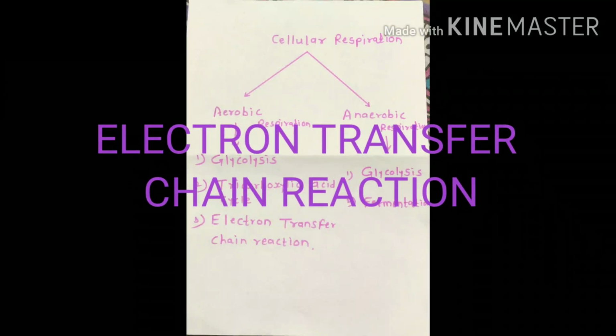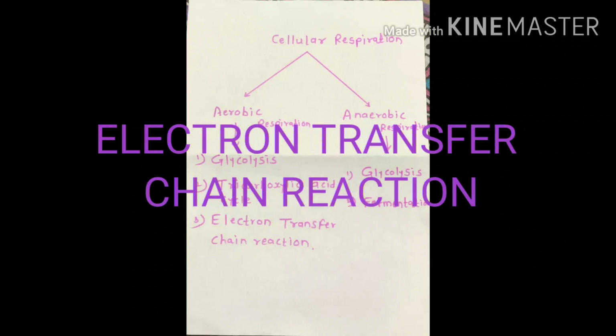Third step, that is electron transfer chain reaction. Molecules of NADH2 and FADH2 formed during all the above processes participate in the electron transfer chain reaction. Due to this, 3 molecules of ATP are obtained from each NADH2 molecule and 2 molecules of ATP from each FADH2 molecule.